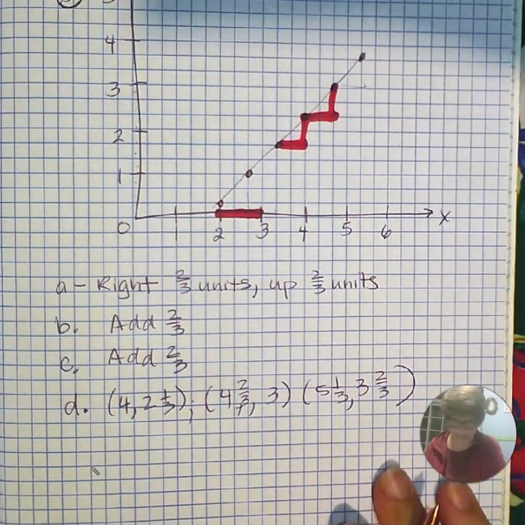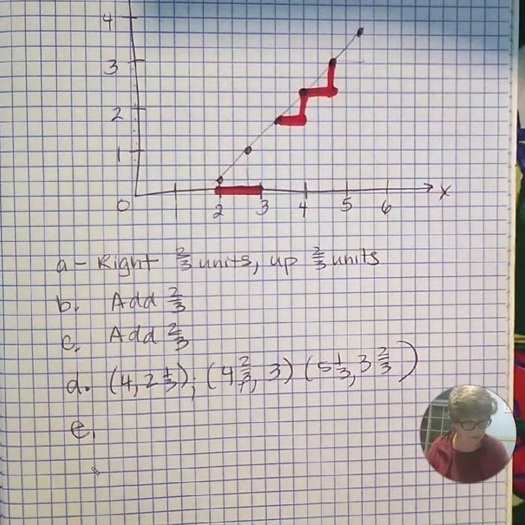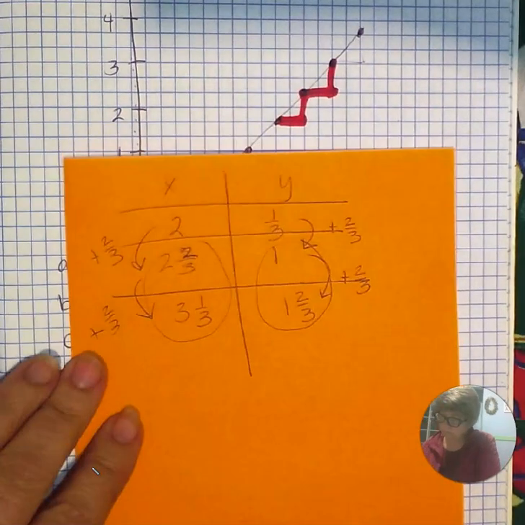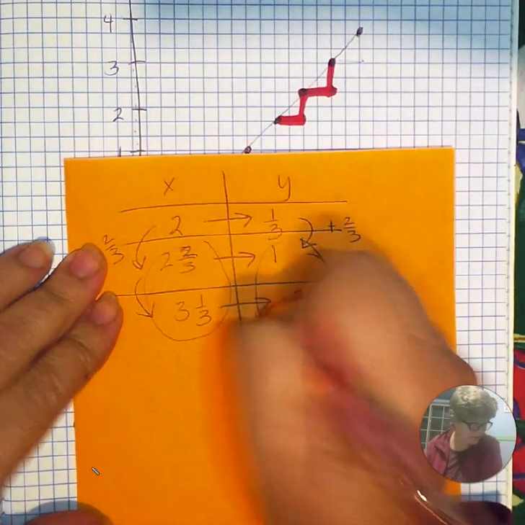And then we have E. Fill in the blanks to describe the relationship between the x and the y coordinates. Between the x and the y coordinates, what is the relationship there?